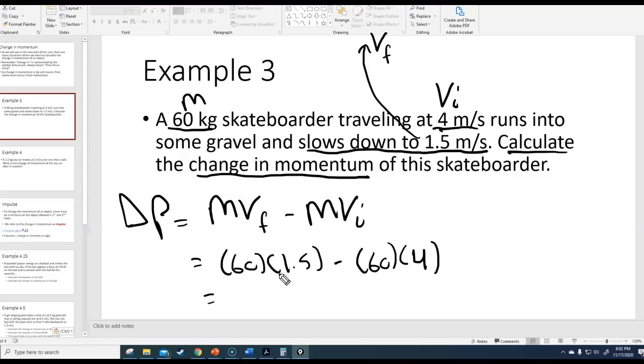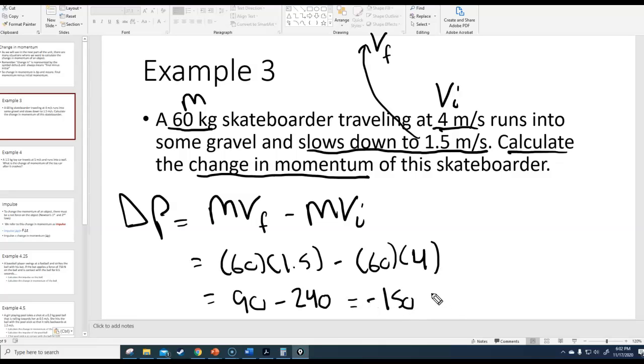Okay, so 60 times 1.5 is 90, minus 60 times 4 is 240. And so if I subtract those two things from each other, I get negative 150.